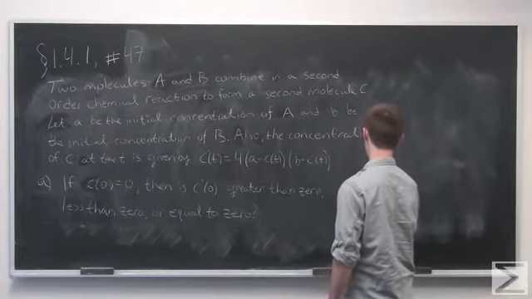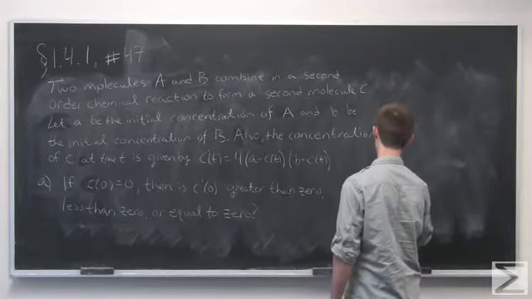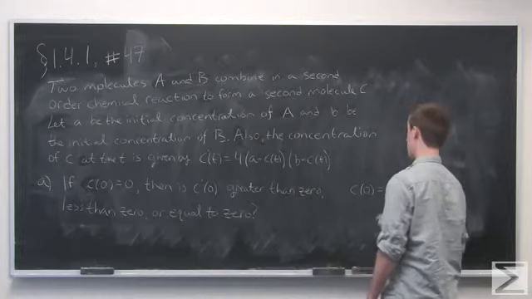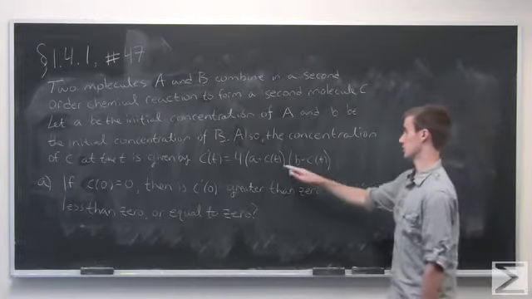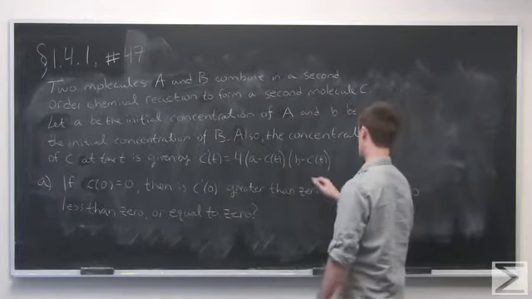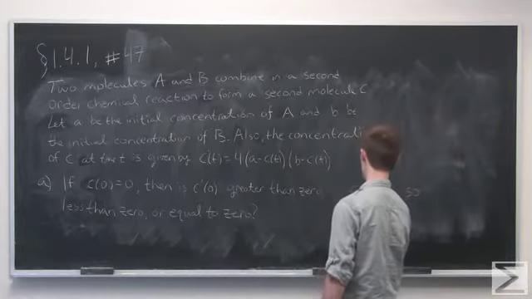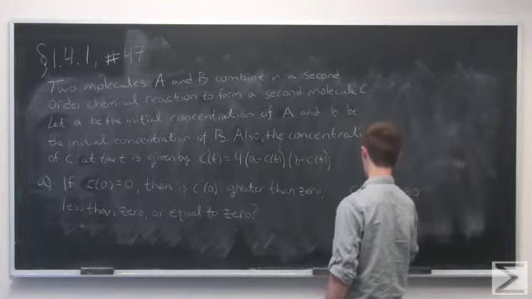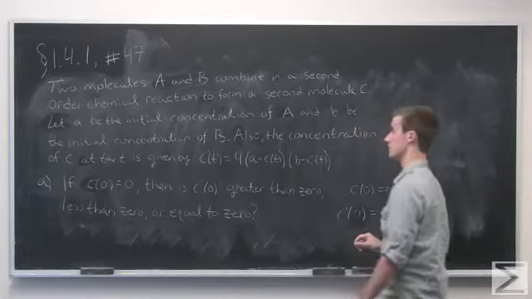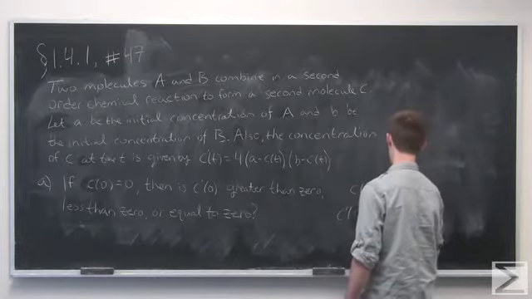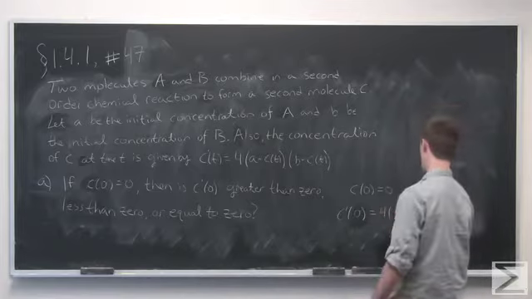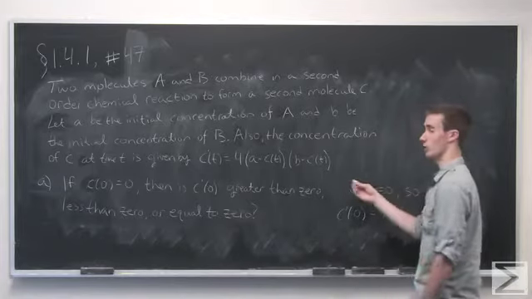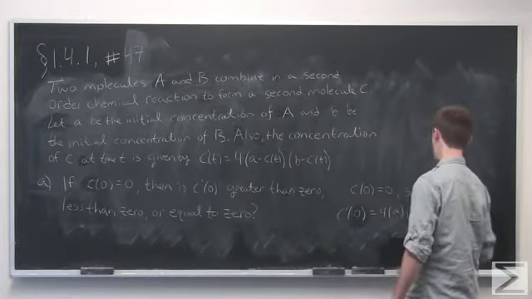We know that C of 0 is equal to 0, so we can substitute in 0 right here. So we have C prime of 0 is equal to 4 times A minus 0, and similarly B minus 0.